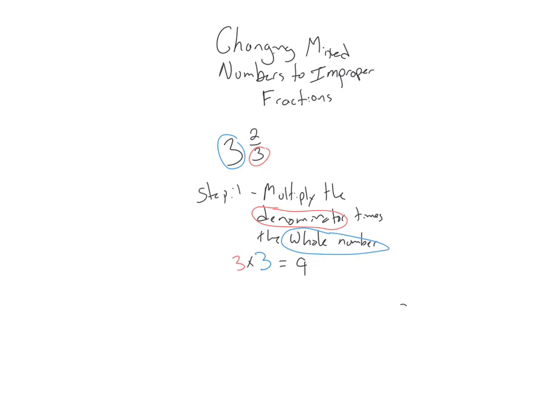Then for step two, we add the product of 3 times 3, so add that product, which is the 9, to the numerator.